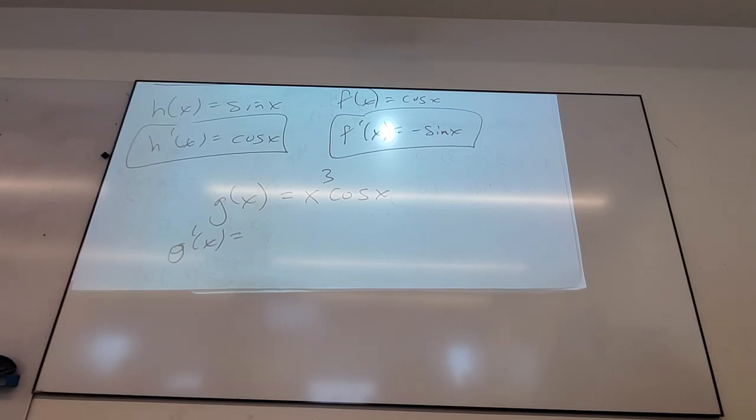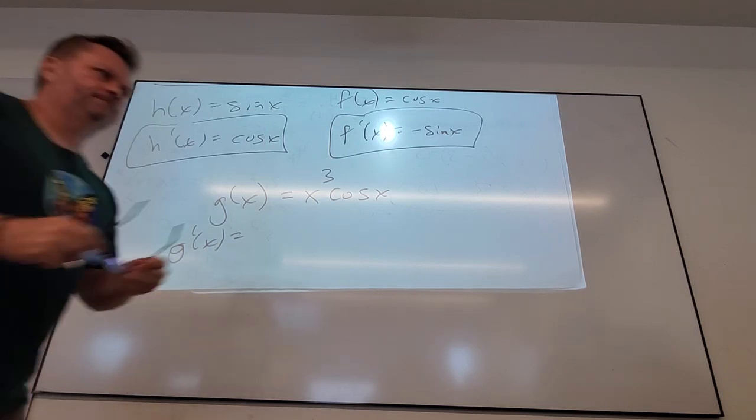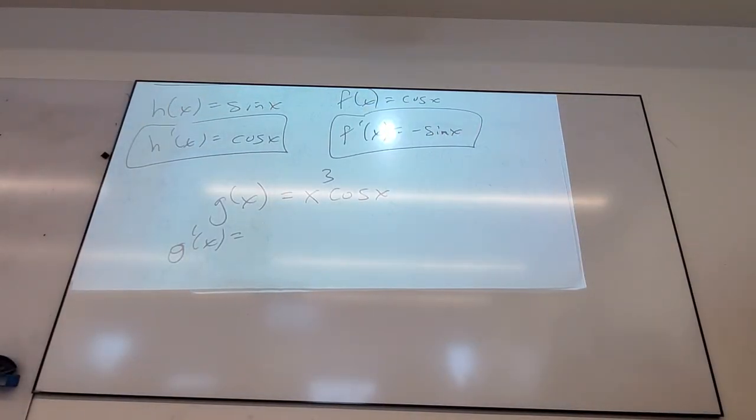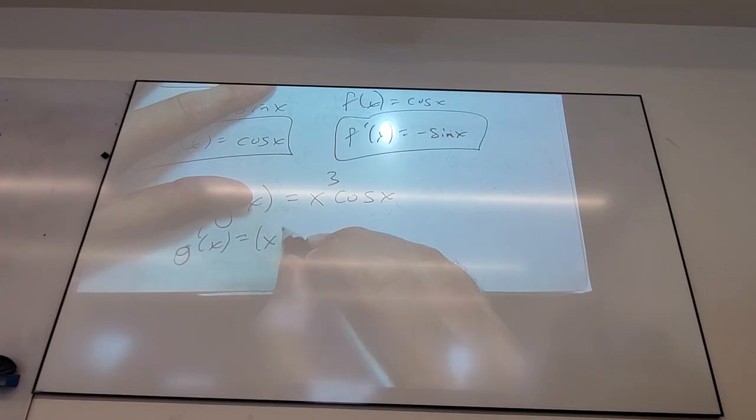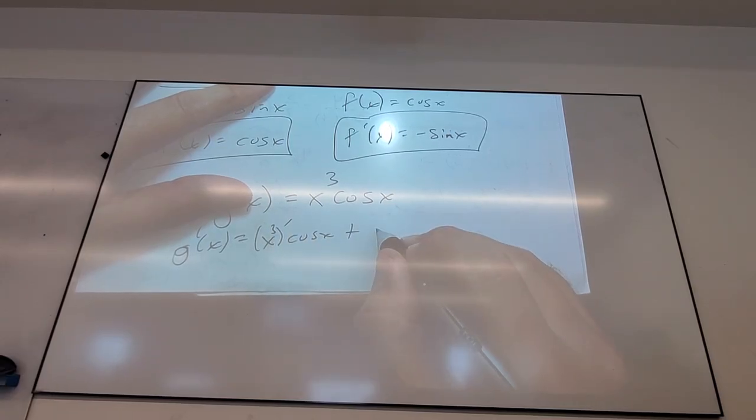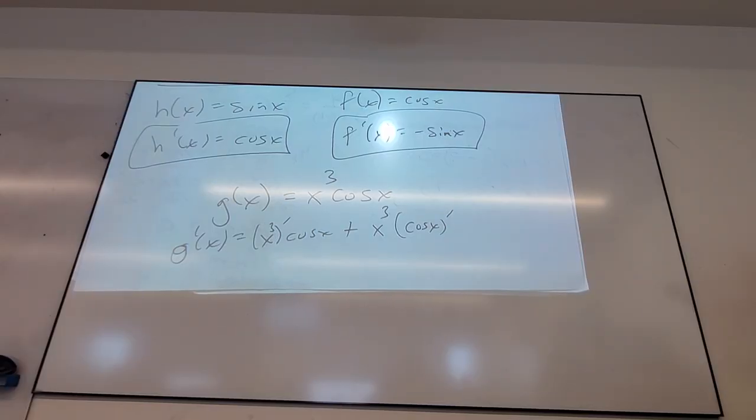Be nice to yourself. What's the rule say? f prime of x: take the derivative of the first function times the second, plus the first times the derivative of the second.